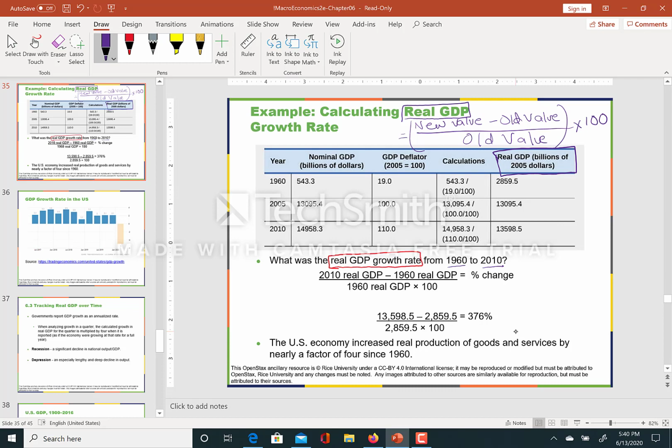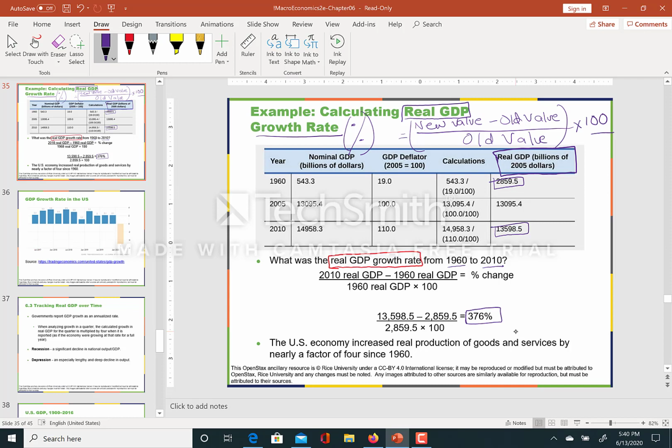Because it is a growth rate and we multiply it by 100, it's going to be expressed in percentages. So this will be the value in 2010 minus the value in 1960, over the value in 1960, the whole thing multiplied by 100. Looks like this is 376%.